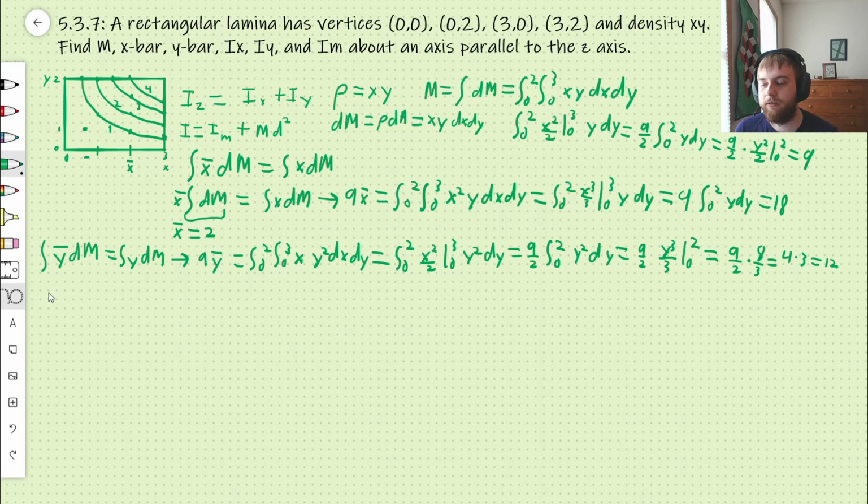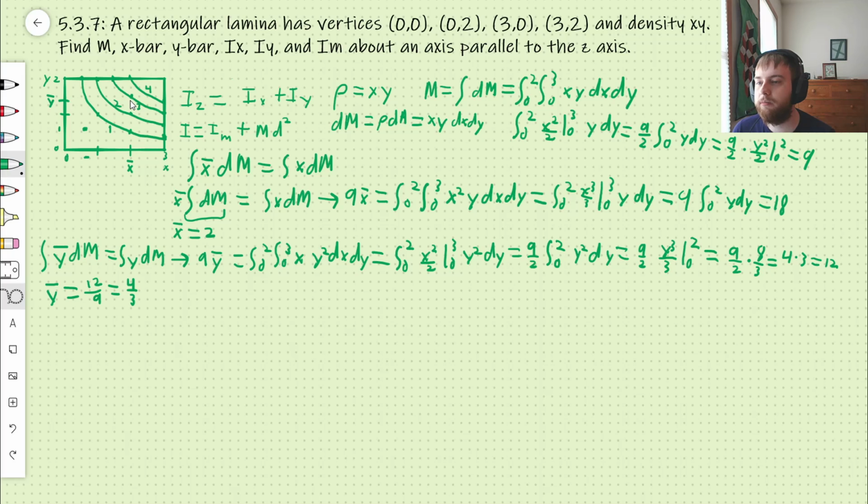And then finally, dividing out that 9 again, our y bar is equal to 12 over 9 equals 4 over 3. So calculating that out here, 1, 2, 3, 4. 4/3 would be about here-ish.